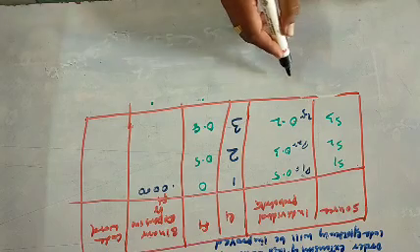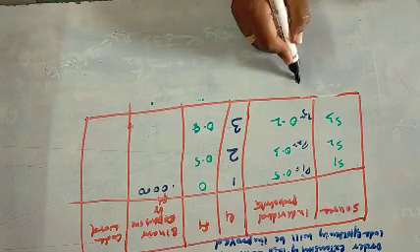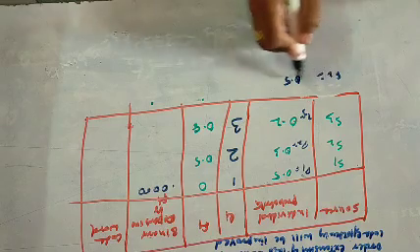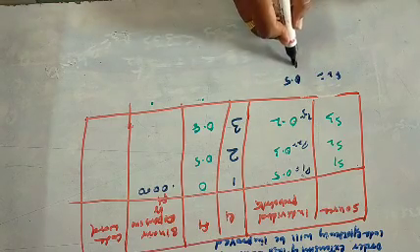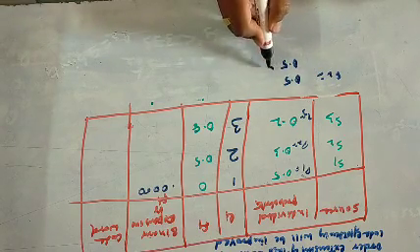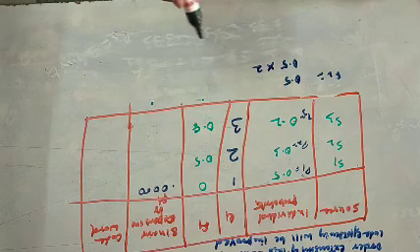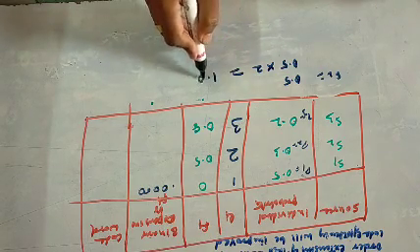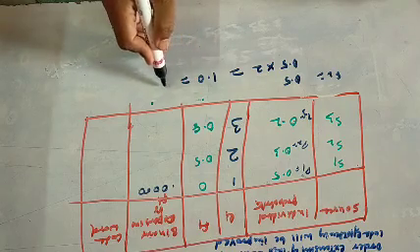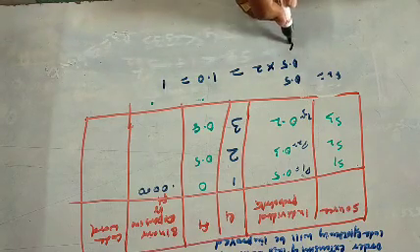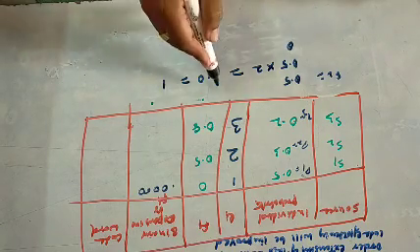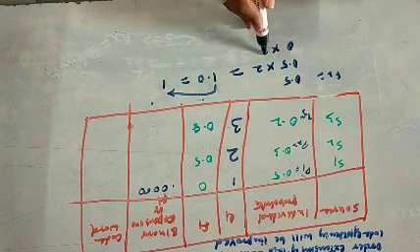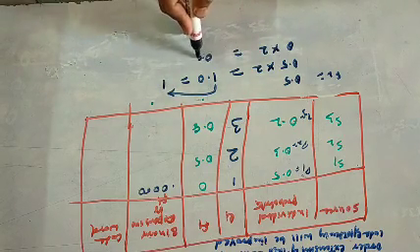Okay. For 0.5, the binary expansion, that is F2 equal to 0.5. To convert to binary, you multiply by 2. The result is 1.0. So the 1 will be considered as the carry and taken separately, and 0 is introduced. 0 into 2 is equal to 0.0.